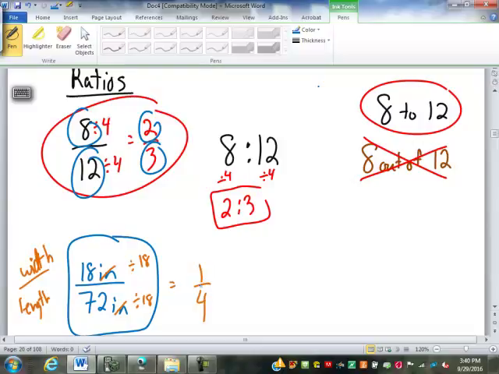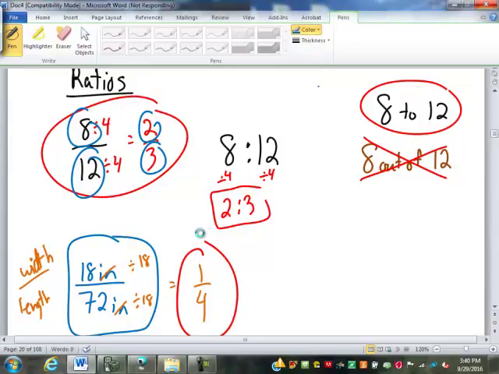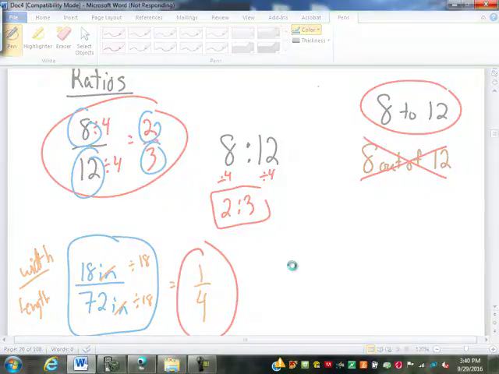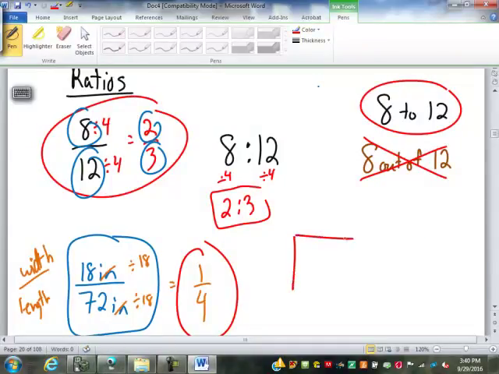Because of that, the ratio itself, once it's simplified, has no units. This 1 to 4 ratio of width to length doesn't matter what the units are. If I'm looking at that table, it doesn't matter whether I'm talking about centimeters, inches, feet, yards, meters, or whatever.